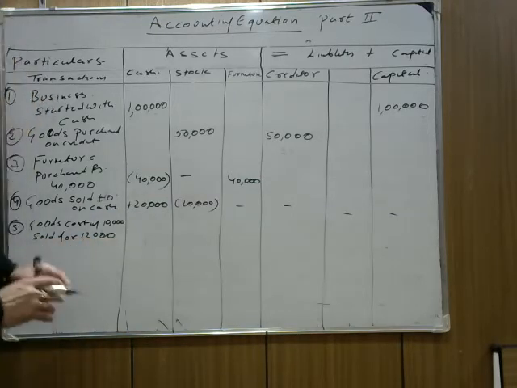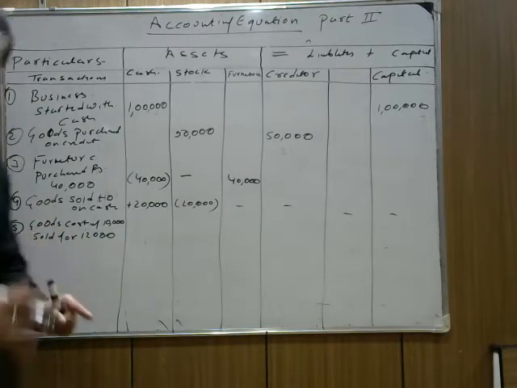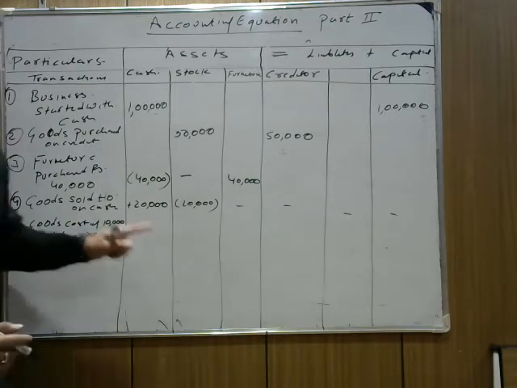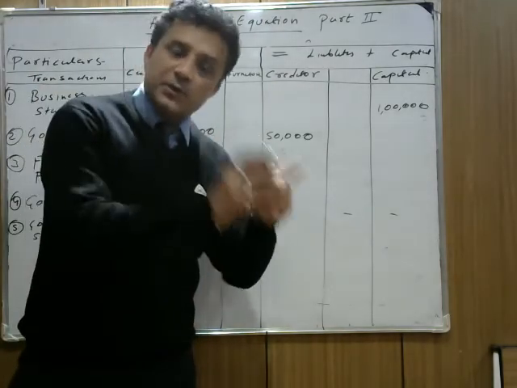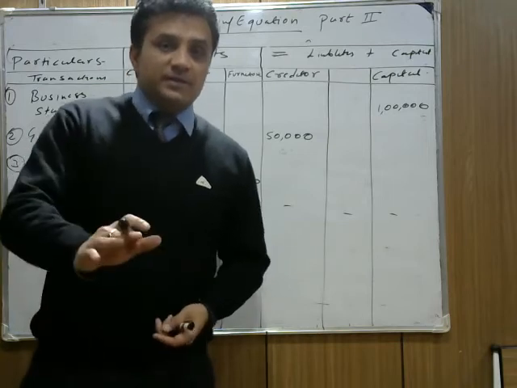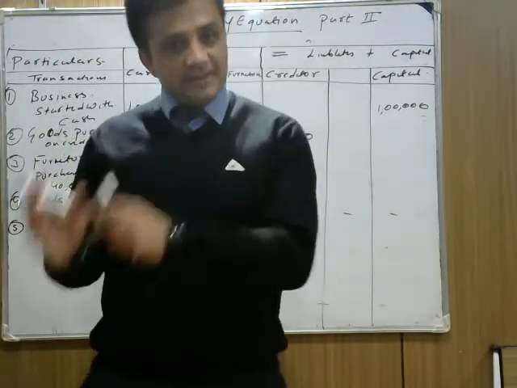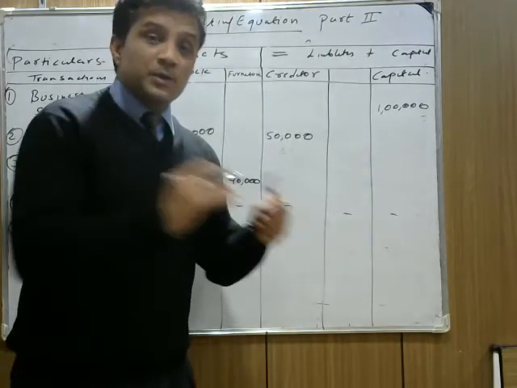Okay, goods costing 10,000 you sold for rupees 12,000. Now what do you mean? You have goods worth 10,000 rupees, and you sold it for 12,000. Goods costing 10,000 you sold for 12,000.